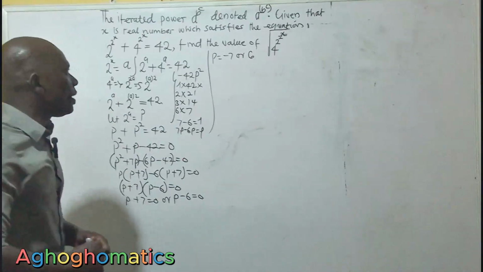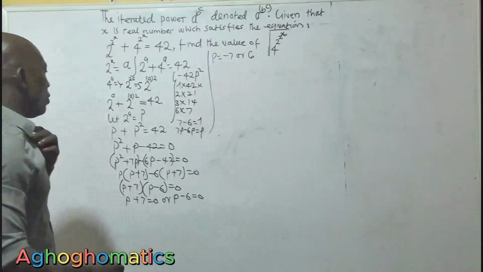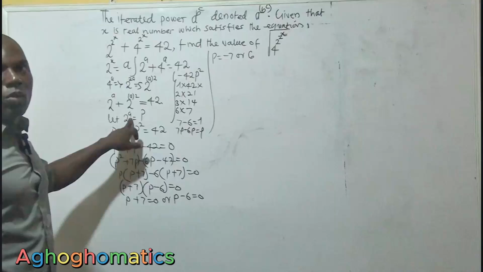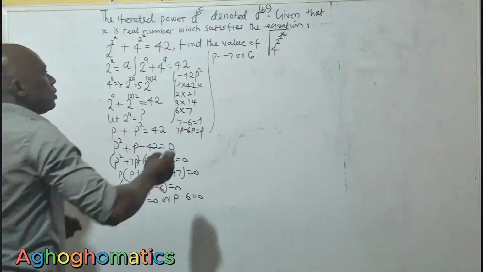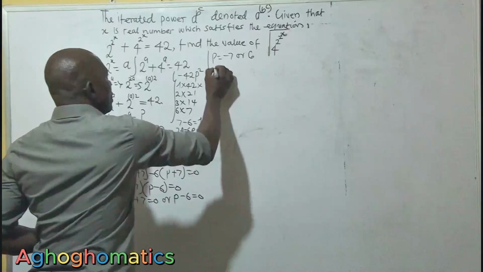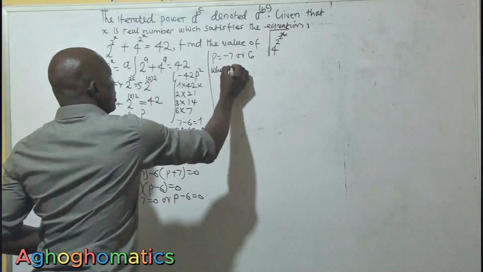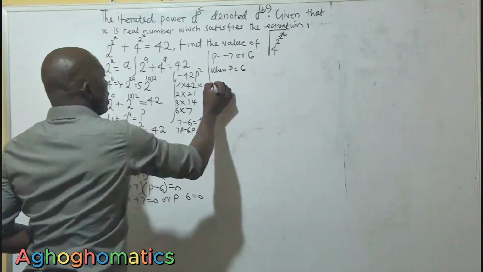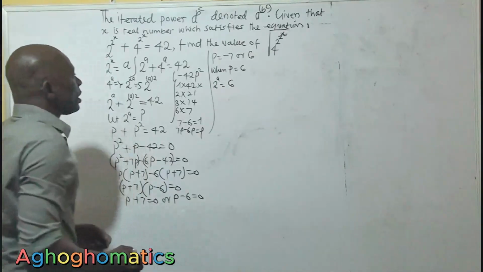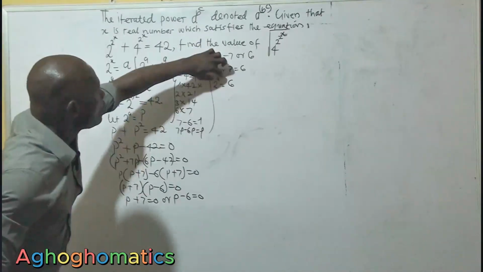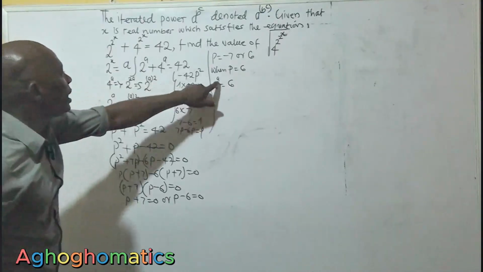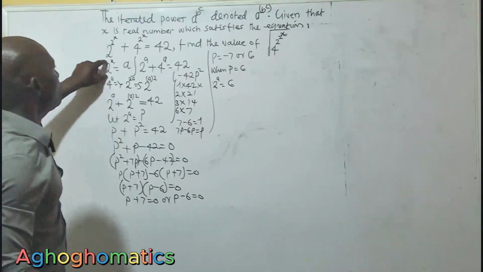So we know the value of p. Now, if you recall, we said that let 2 raised power a be equal to p. In the first place, let's assume when p is equal to 6, now we have 2 raised power a is equal to 6. Now you also remember that a is equivalent to 2 raised power x.